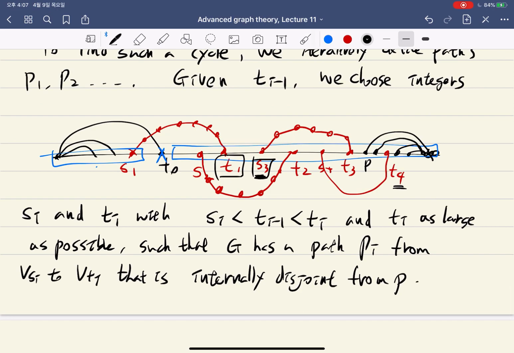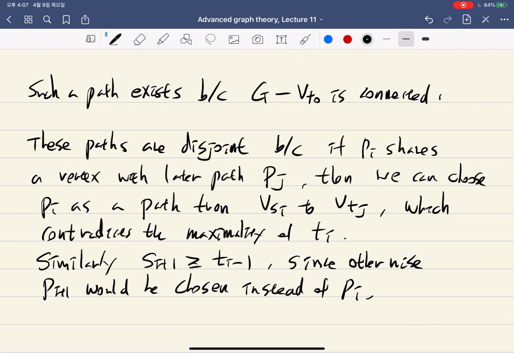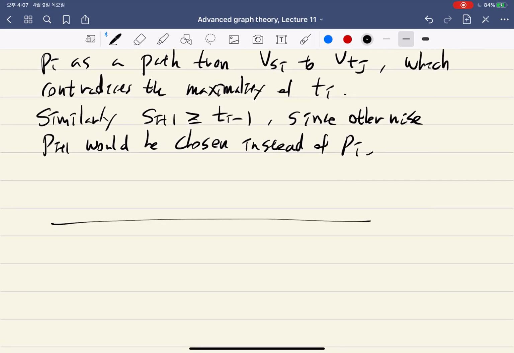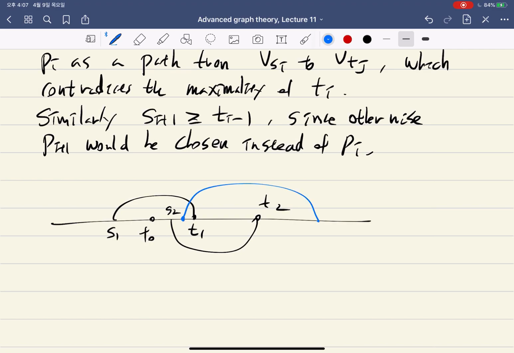What it means is that if we have S1 to T1, and this is T0, and S2 to T2, and here we have S3 to T3, then this T3 is bigger than T2.